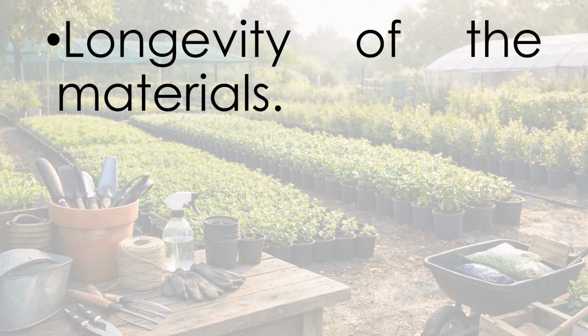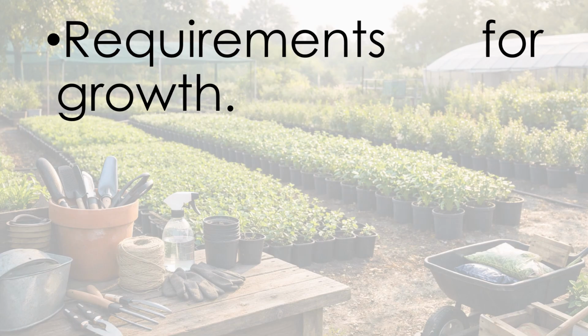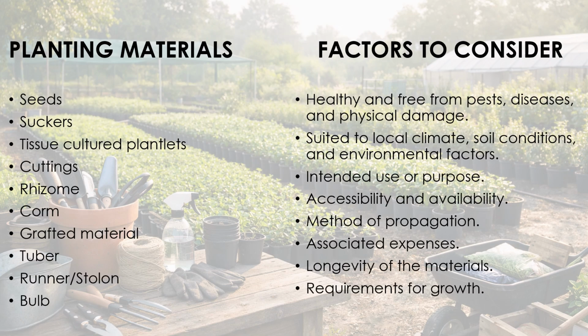For example, coconut seedlings live for decades, while annual crops like corn last only one season. And the last one is requirements for growth. Materials must match the care and resources available. Like orchids need special conditions, while cassava grows easily in poor soils.